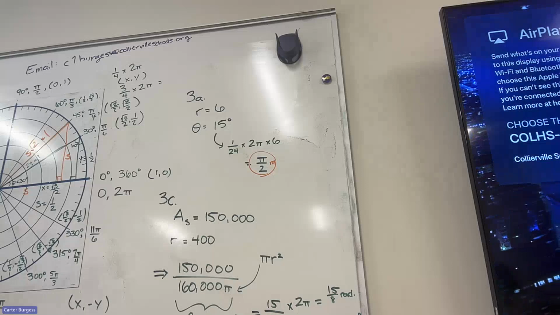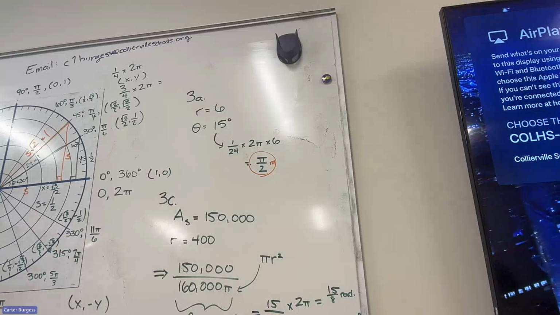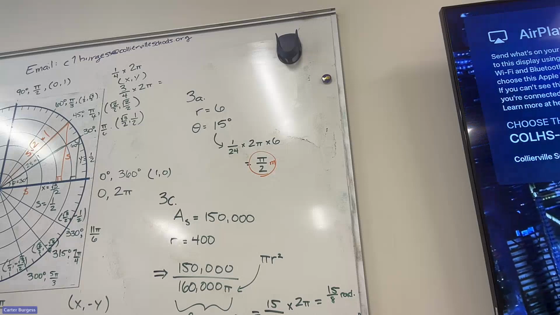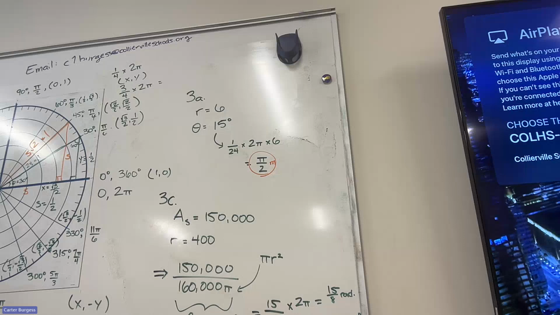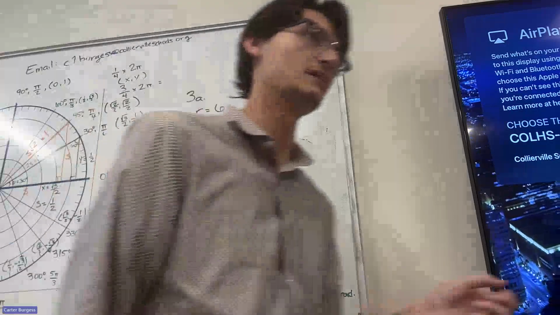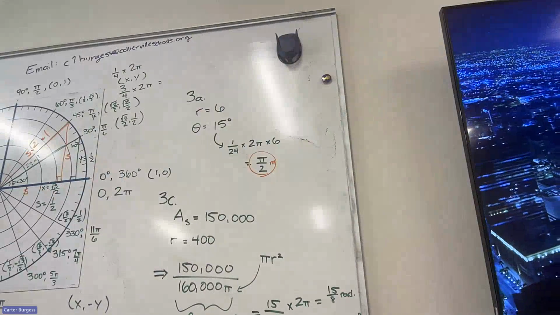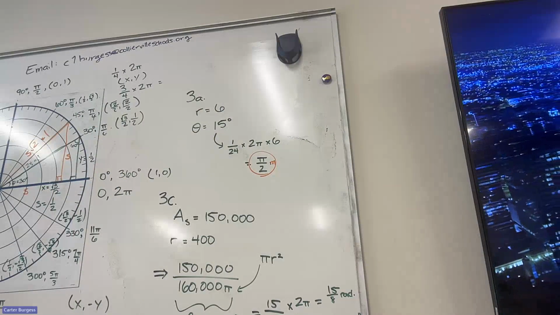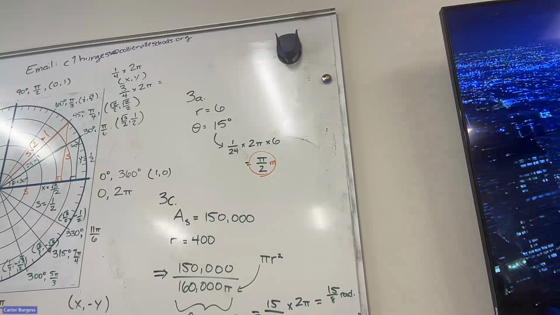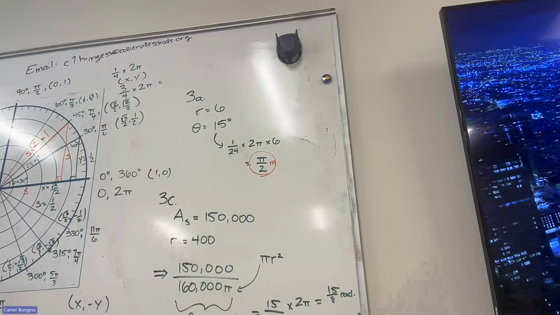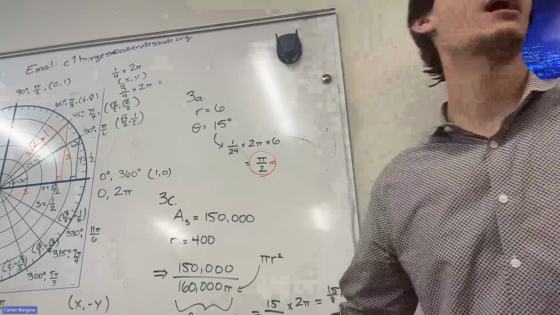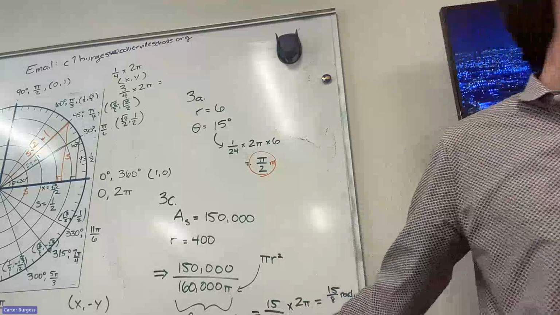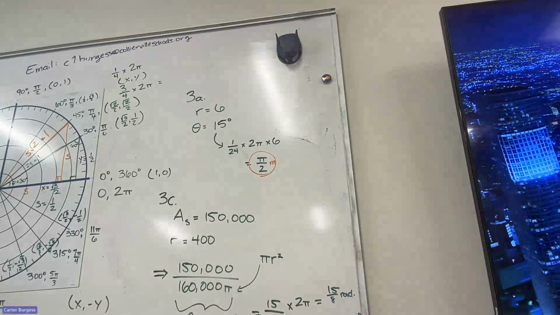Is there anything wrong with taking the formula, plugging in the sector area, plugging in r, and solving for theta? No, there's nothing wrong with that. That's totally fine. But I really want you to feel the logic that we see here. We're looking at what fraction of our whole we have. And then we're essentially pushing that through and saying, okay, if I cover 30% of my total area, then I have to rotate by 30% of the total possible number of degrees.